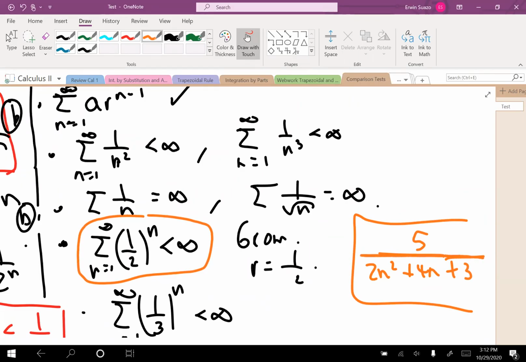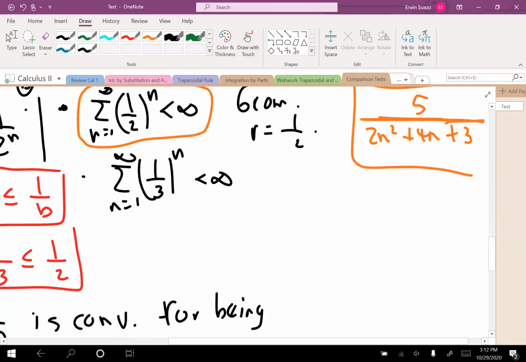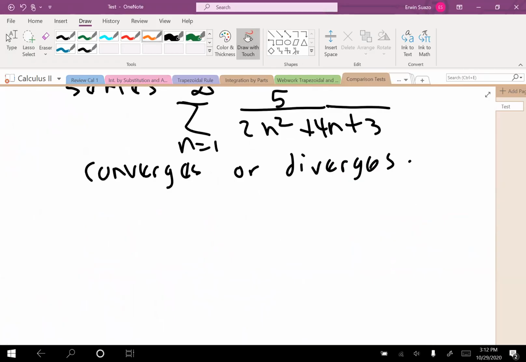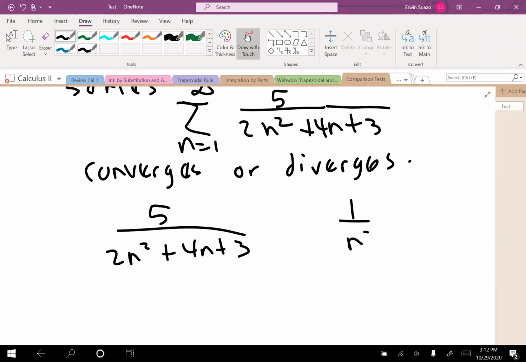Which one of these series looks somehow similar to that? Is it 1 over n squared? That's correct, this one. Okay, so you put them next to each other, so at least they have something in common, right? So you put 5 over 2n squared plus 4n plus 3, and next to it 1 over n squared, okay?